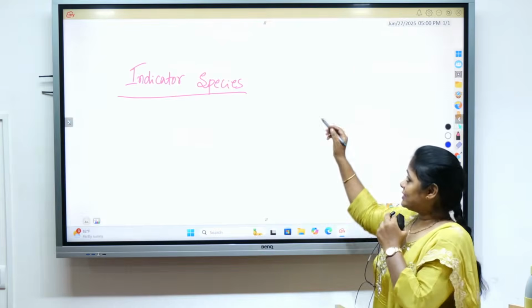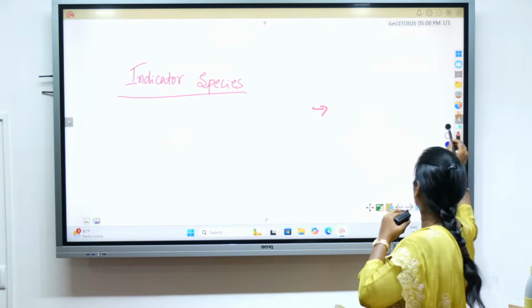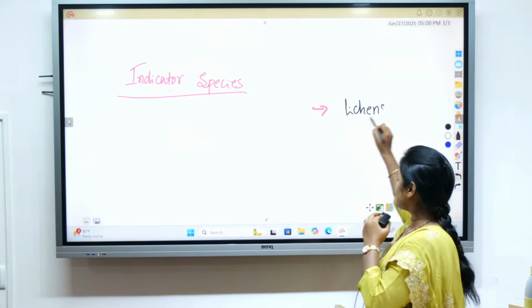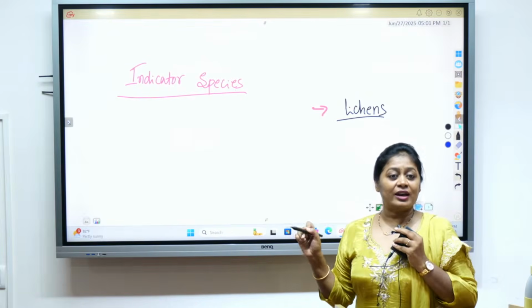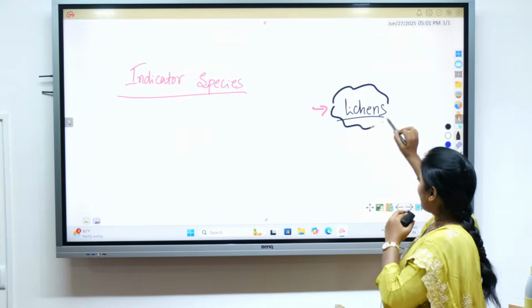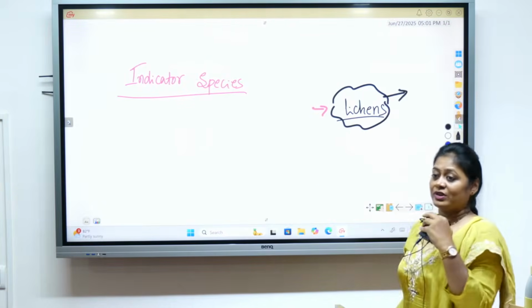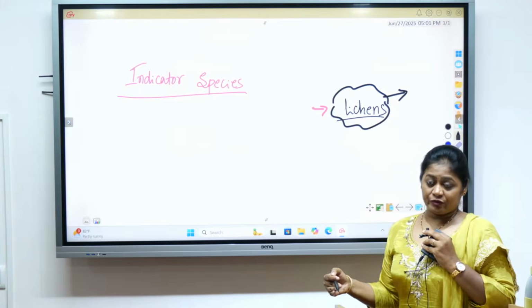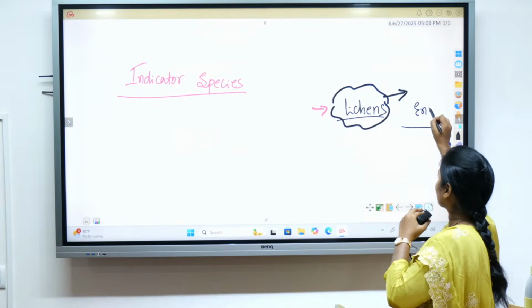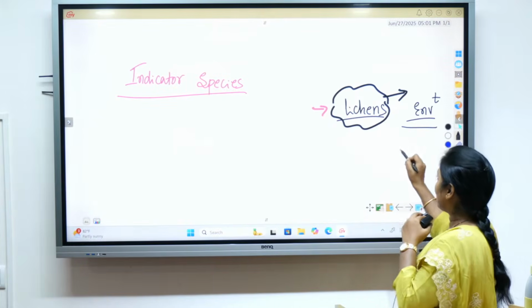For example, lichens are nothing but a symbiotic association of algae and fungi. If lichens are there and they are in healthy condition, it indicates that the environment is clean and there is no air pollution.